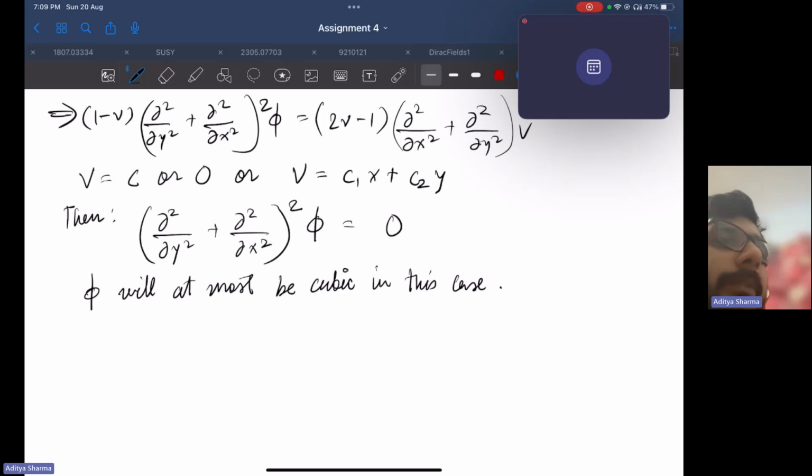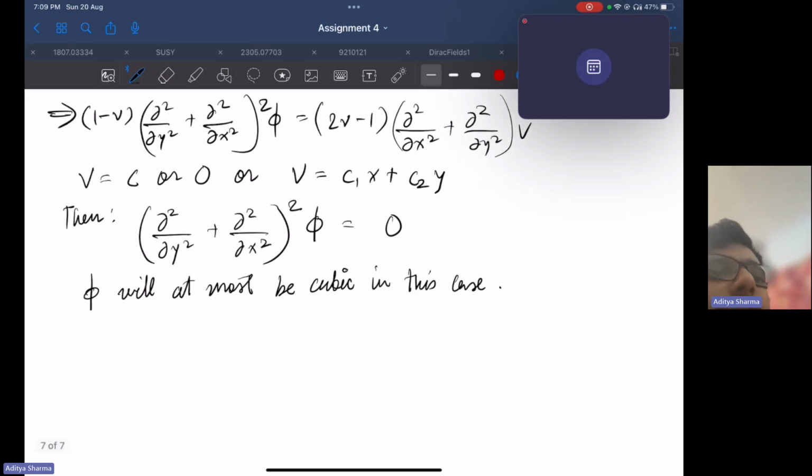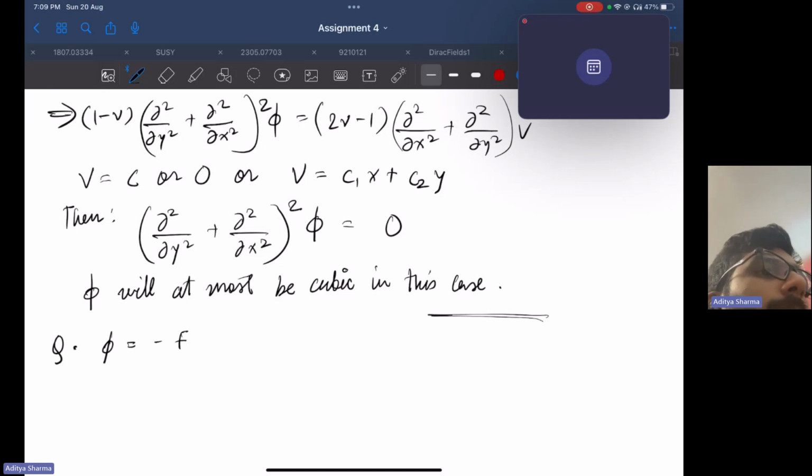Okay, for an example, this is a problem question. Okay, we're done. Now question: suppose phi is equal to minus F by d cube, x square (3d minus 2y).